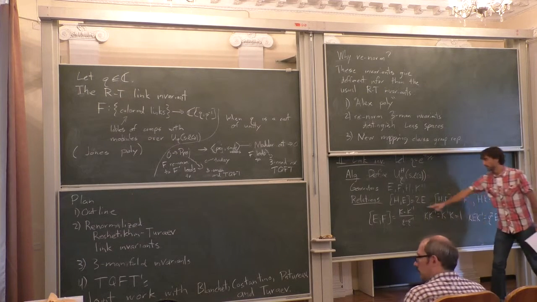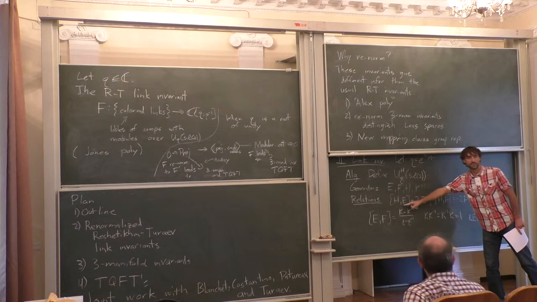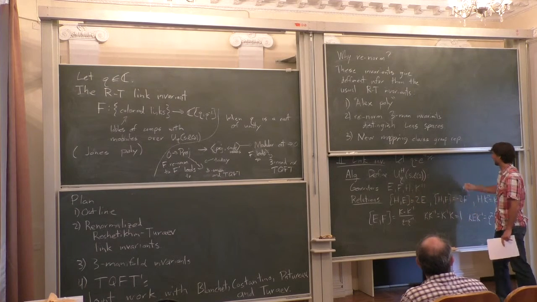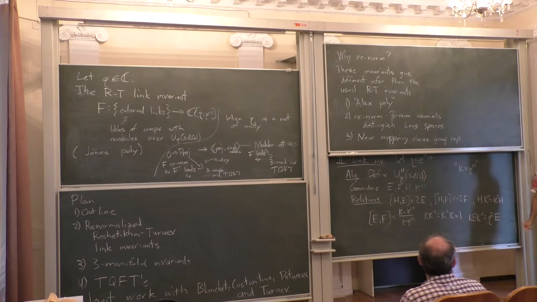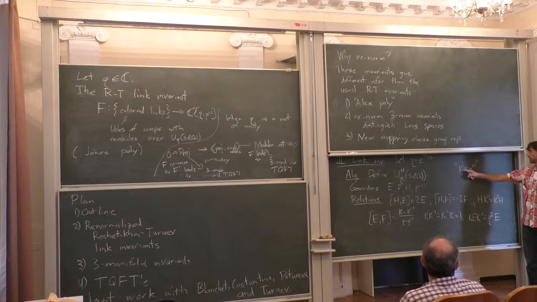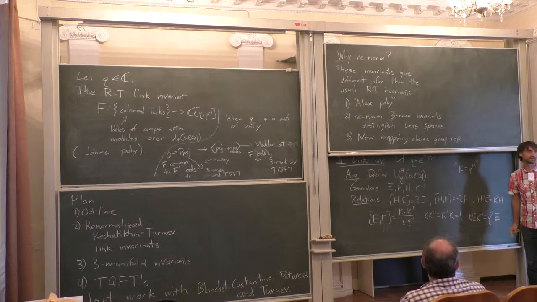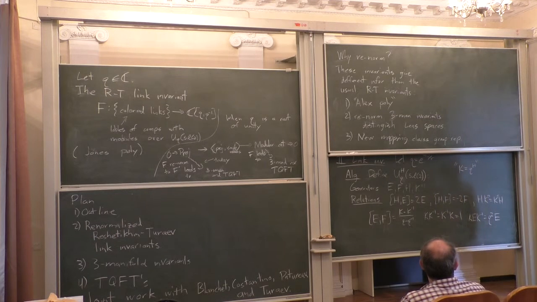And actually if you look at this for a second, it looks like what we're modeling here is that K looks like Q to the H. We're taking some kind of exponential. K is the exponential of H. That'll make sense when I define the module. So this is not precise, but it's the idea.